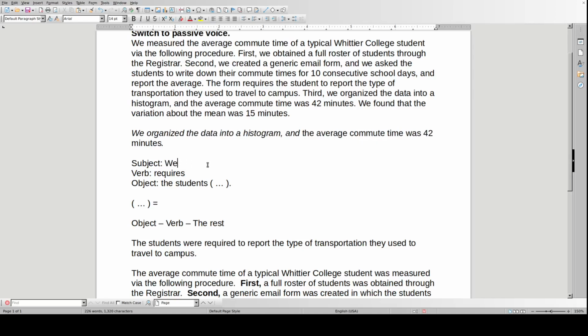So the subject is back to the consistent we, and then the verb is organized, and then the object is technically the data. If you said we organize the data, period, that would be a full sentence, but it would not convey enough information. So the parenthetical rest of the sentence would be into a histogram.